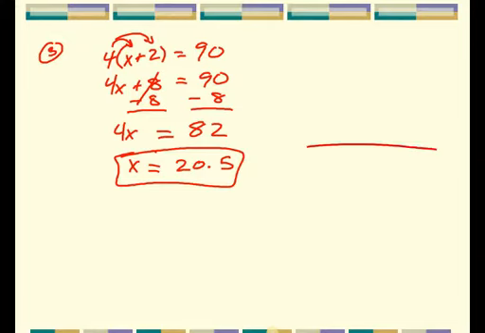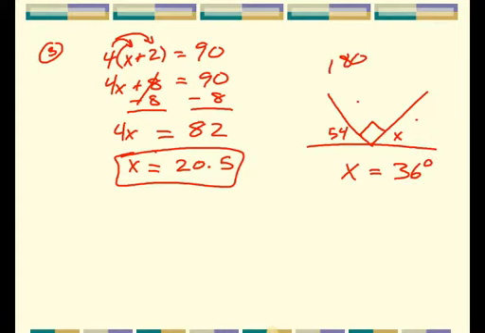Also take note that you have a 90-degree angle in there, so this angle is 90 and UVR is 54. Those 3 angles together have to add up to 180. So you could take 90 from 180 and then 54 from 180, and you know that x will have to be 36 degrees. 180 minus 90 minus 54.